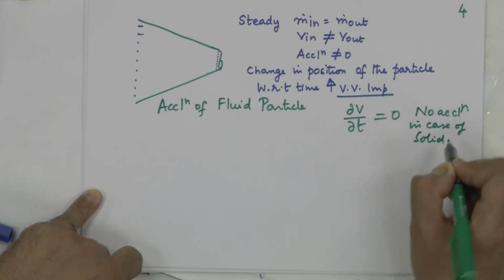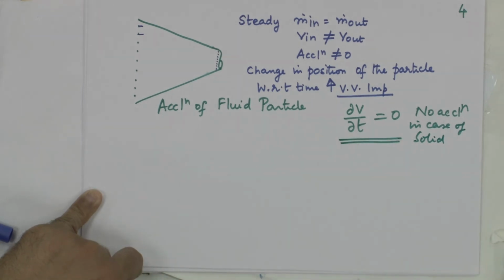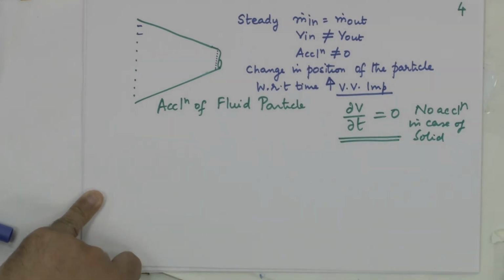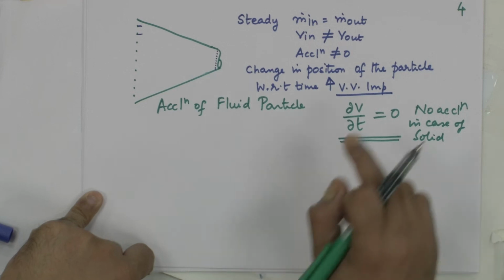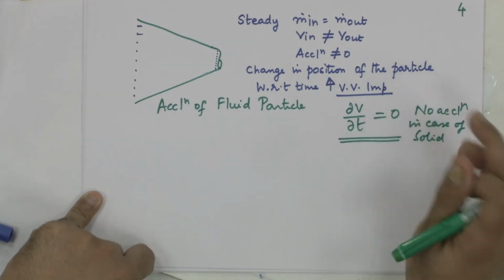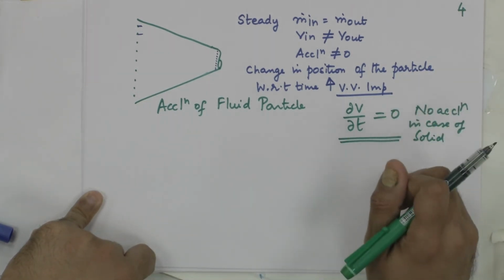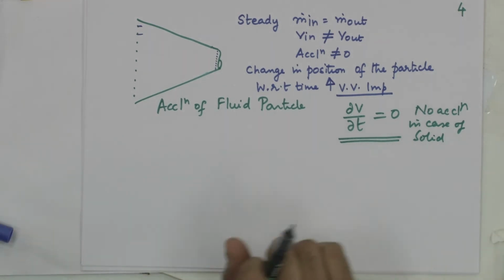In case of fluid, this alone is not enough. Several other terms will come which represent the change in position of the fluid particle. That change in position coupled with change in velocity with respect to time would be the complete definition of the fluid particle acceleration. More on that in the next module.